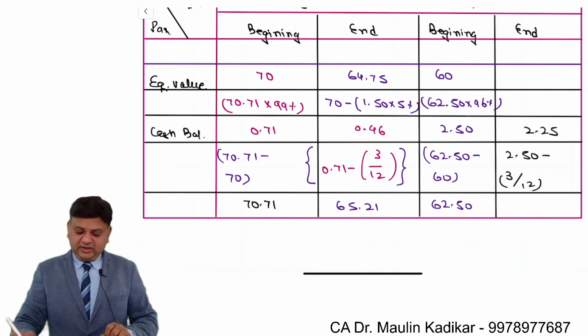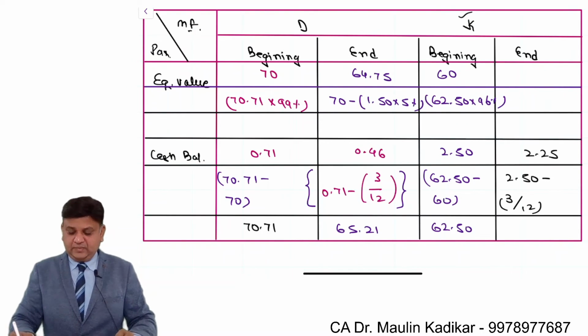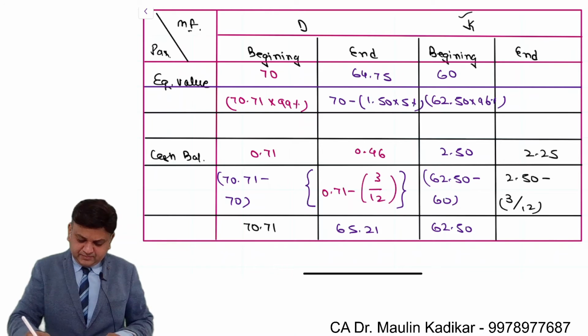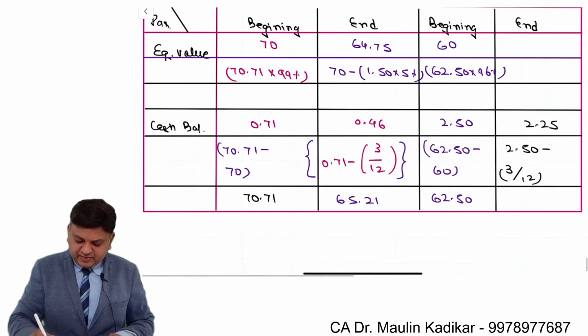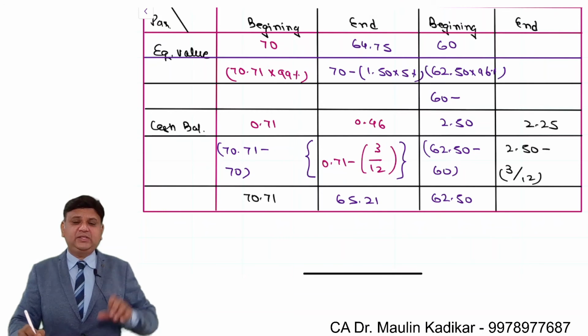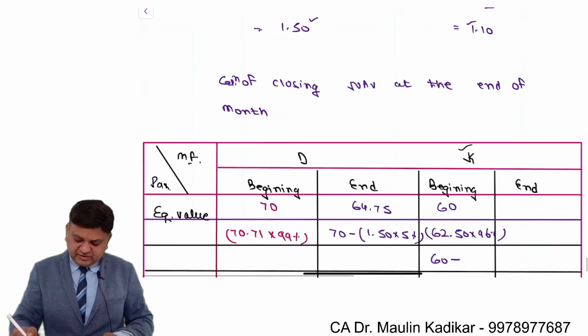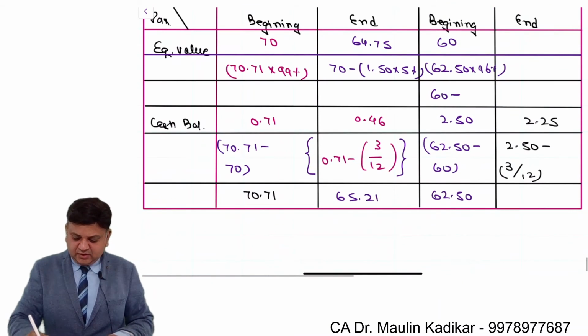In case of the equity valuation, what will happen? Let us see. It is 60 rupees minus. Once again, why minus? Because we understand that the market is falling down and the beta is positive, 1.10. So minus 1.10 into 5%.